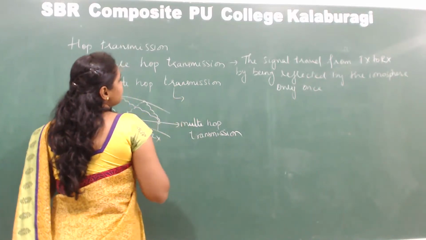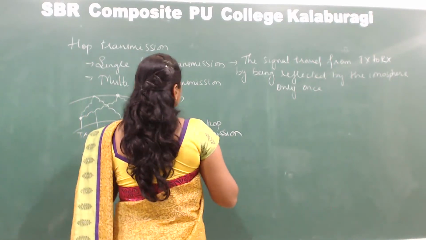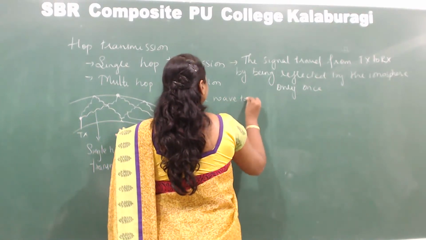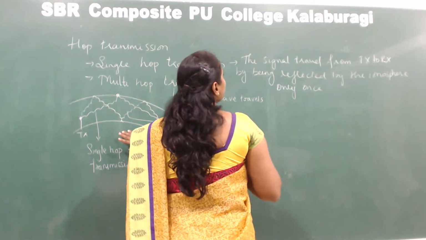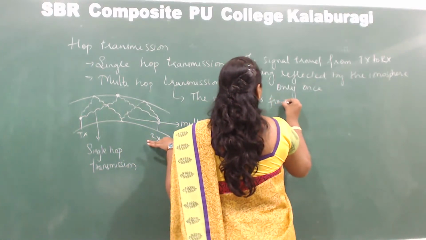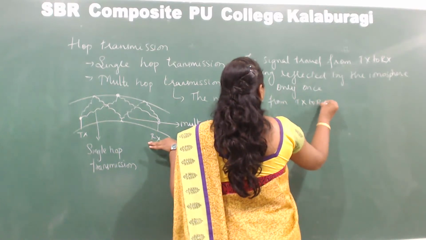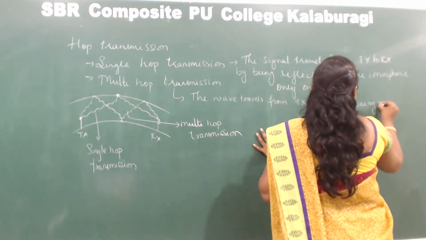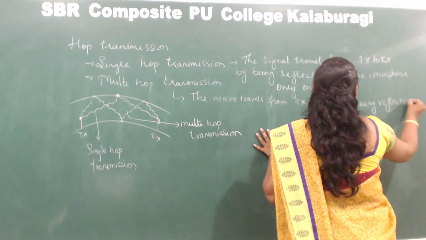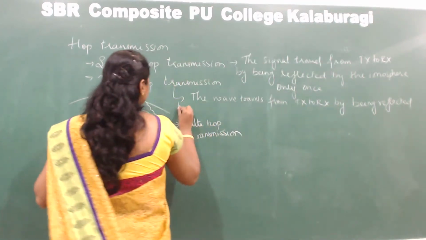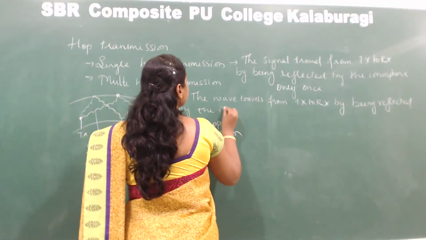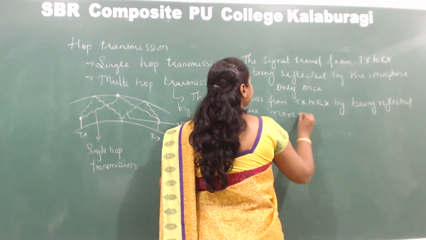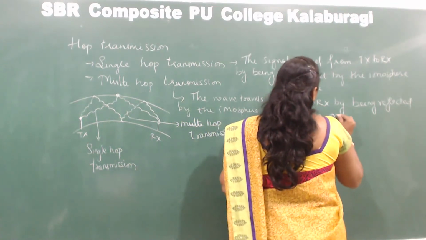Next, multi-hop transmission. What is multi-hop transmission? The wave travels from transmitter to receiver by being reflected by the ionosphere more than one time, more than once.